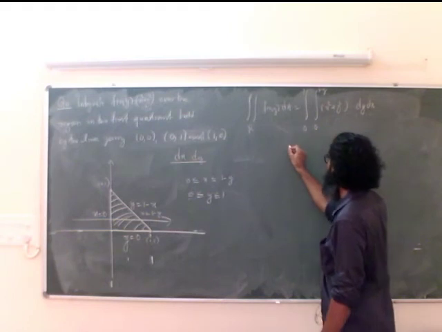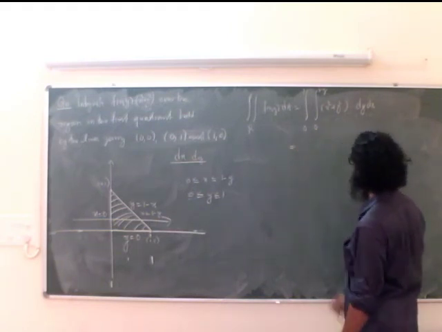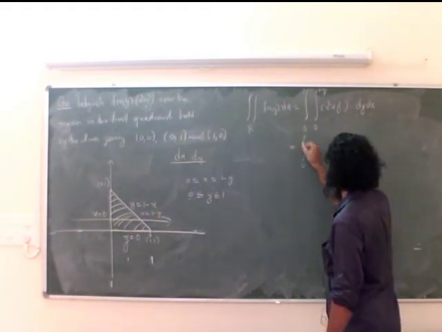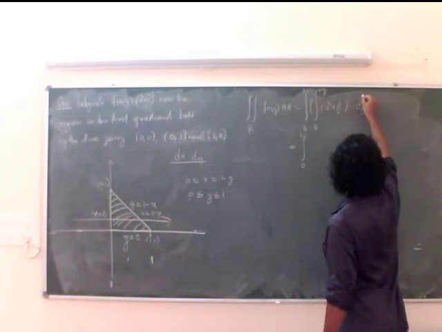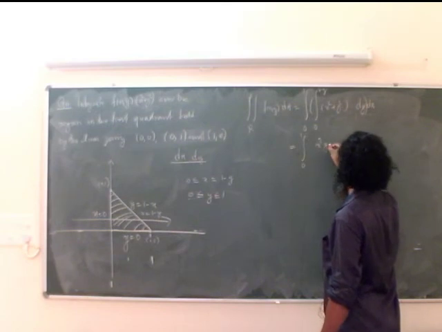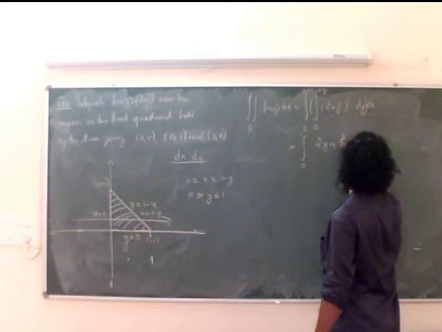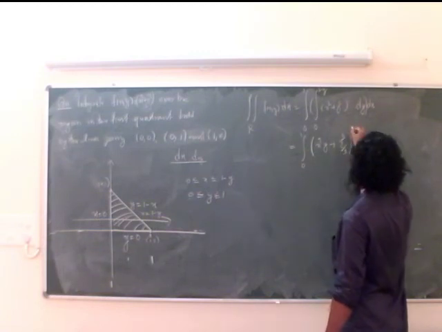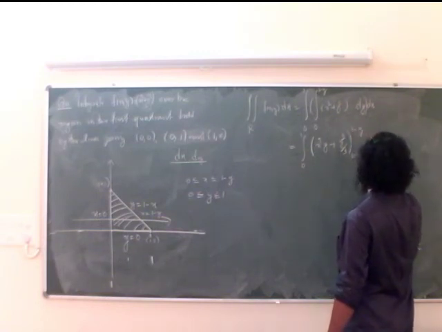Let's start integrating. This is the integral from 0 to 1. I have to do this integral first. Now this is x square y plus y cube over 3 from 0 to 1 minus y, dx.